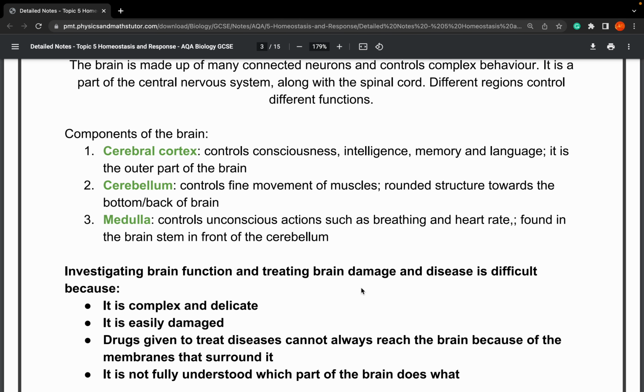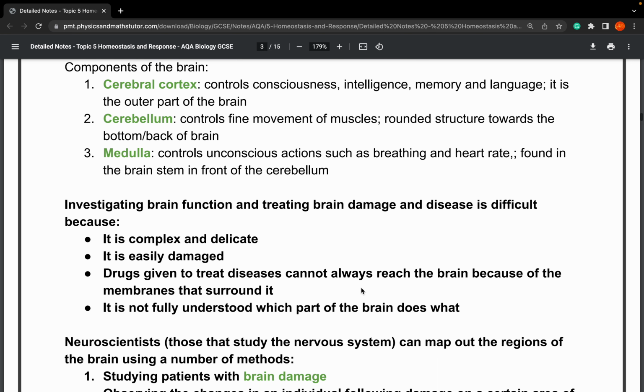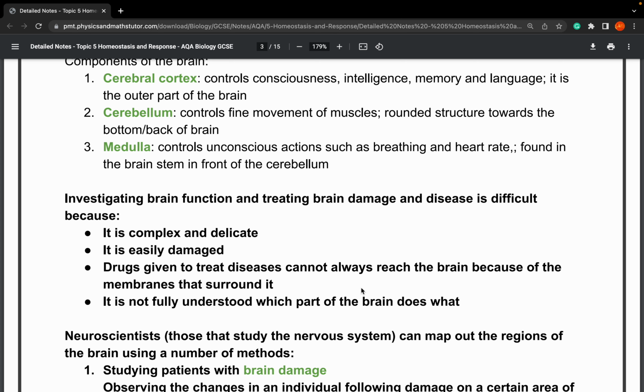So what is given here? Cerebral cortex controls consciousness, intelligence, memory and language. It is the outer part of the brain as shown in the picture. Cerebellum controls movements of muscles, a rounded structure towards the bottom back of the brain. Okay, you remember the picture? Bottom back of the brain.